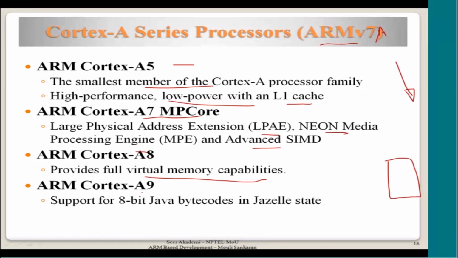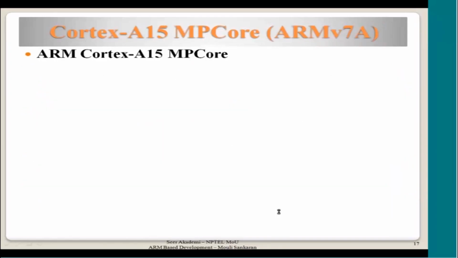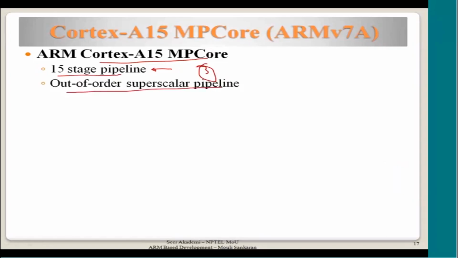From A9, 8-bit Java bytecode in serial state was introduced, and then A15 MP4, which is a little advanced compared to other cores. What we saw in 7TDMI was a 3-stage pipeline, right? Here it is a 15-stage pipeline, with out-of-order superscalar execution.